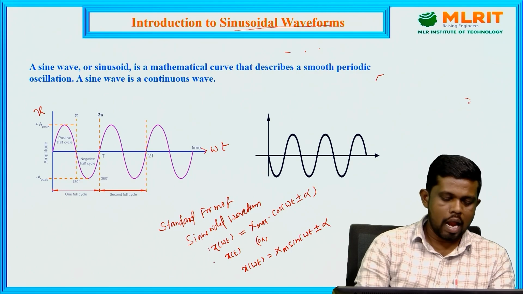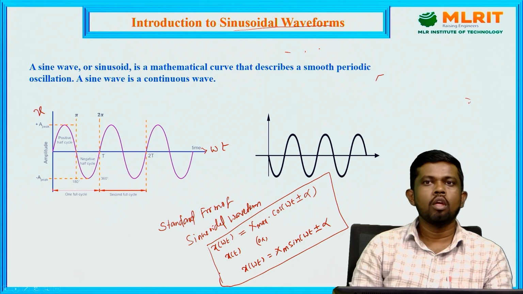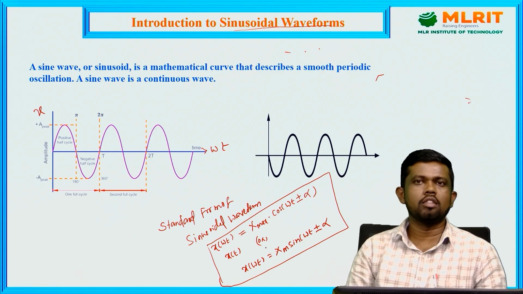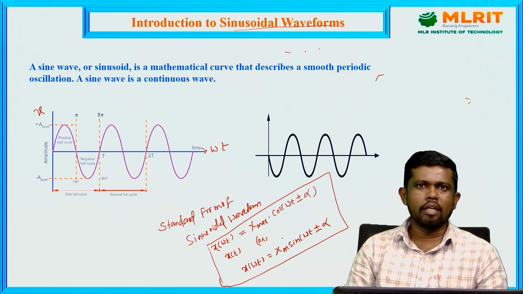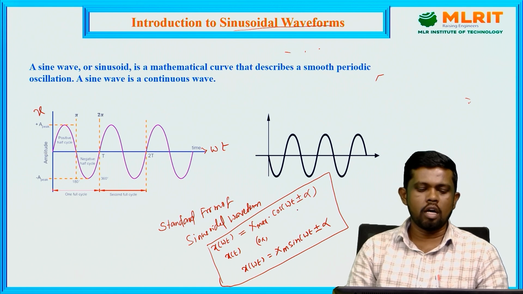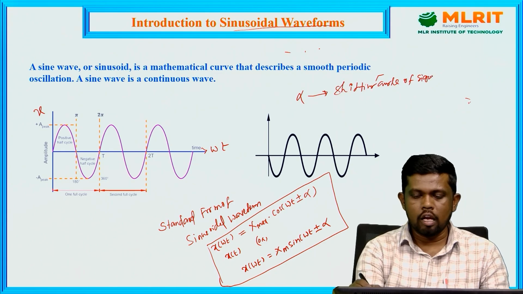This is the standard, generalized notation of the sinusoidal signal, and every standard textbook follows the same notation. Here alpha always indicates the shifting angle of the signal.